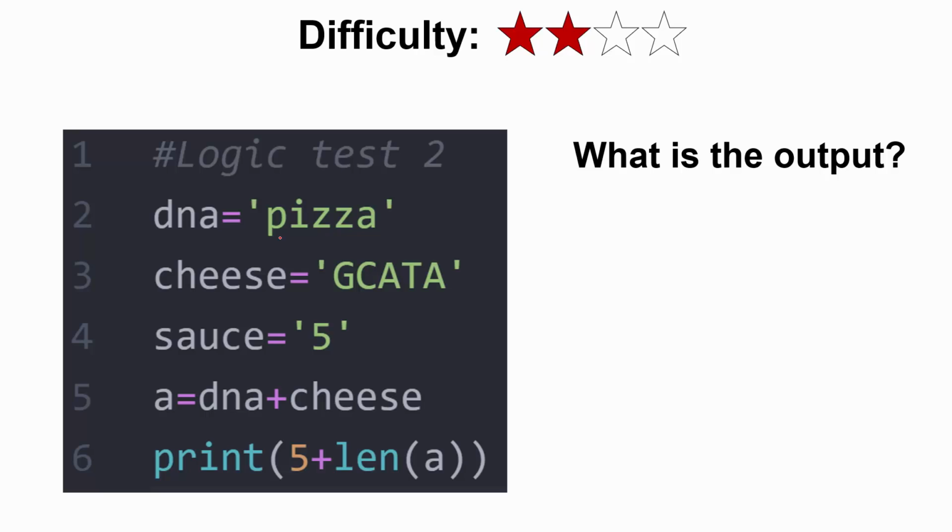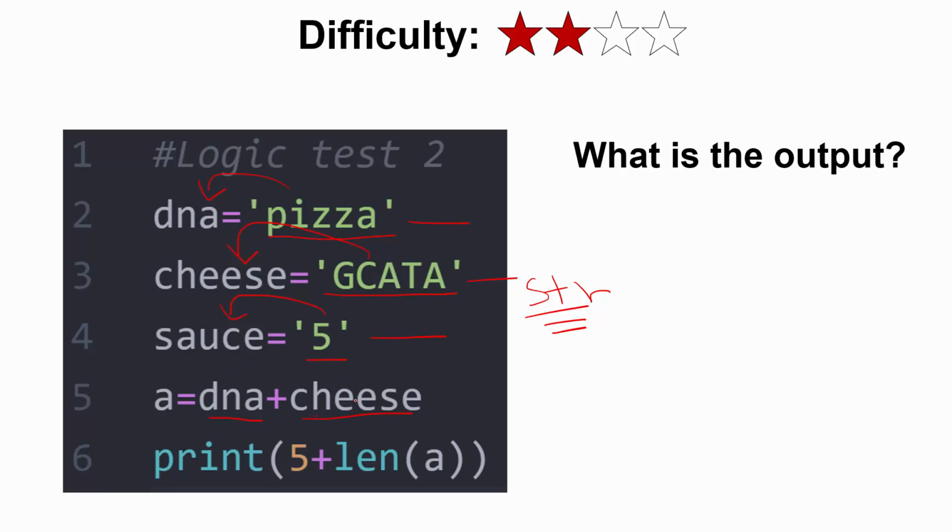Here we have pizza, which is a string, and we're storing it into this variable called DNA. Next, we have this short nucleotide sequence, and we're storing it into cheese. Then we have the string value 5, and we're putting it into sauce. So all three of these values are strings. Next, we are adding DNA and cheese together.